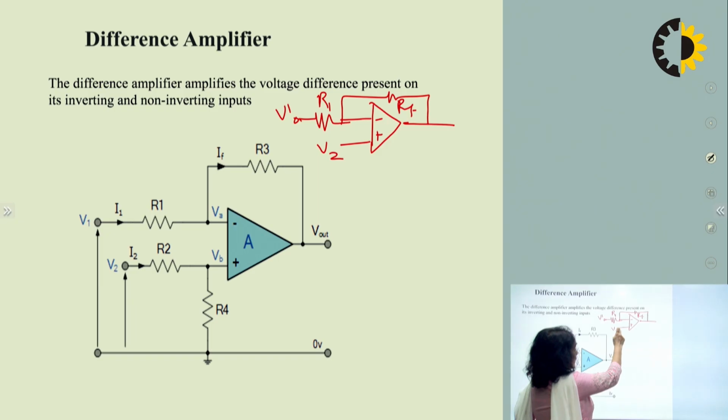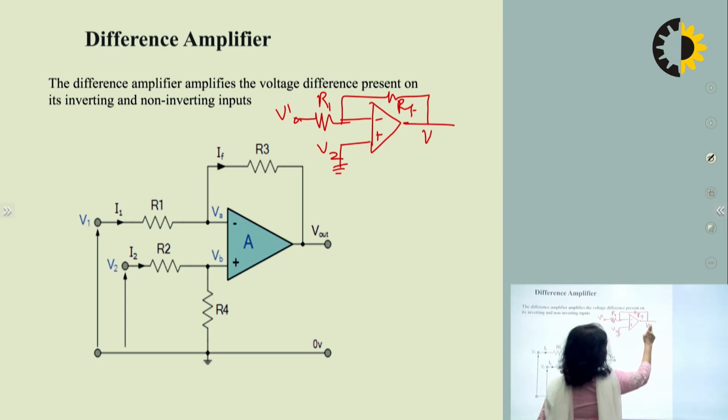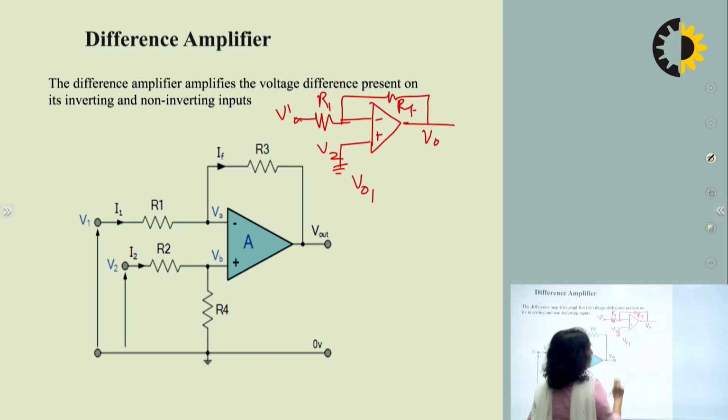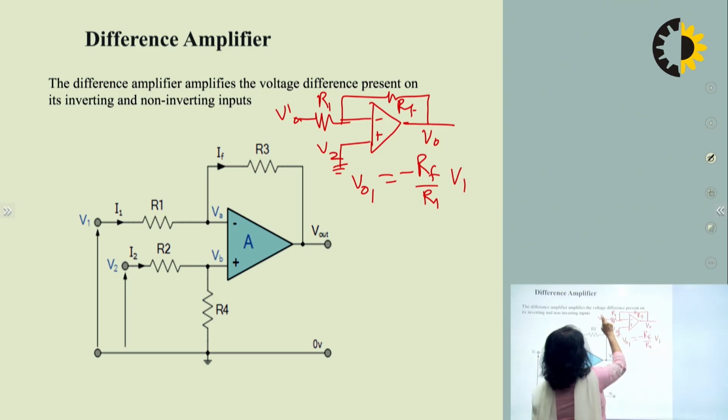So in this case, first I am grounding the voltage V2 at ground potential, and V1 is applied as the signal. Now this circuit has been converted into an inverting amplifier. We know that in the inverting amplifier, the output, let's say V01, equals minus RF divided by R1 times V1.